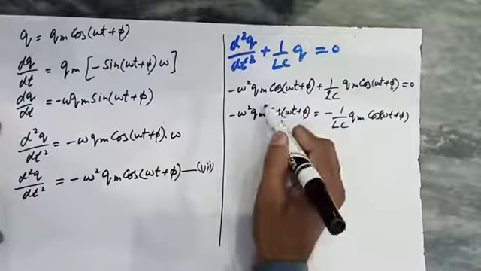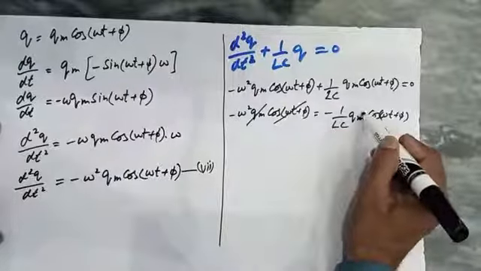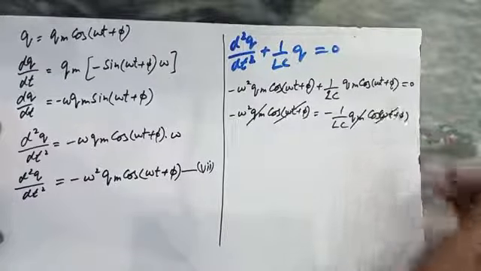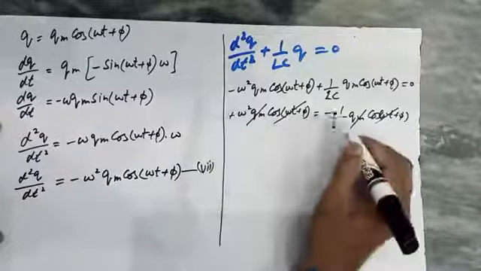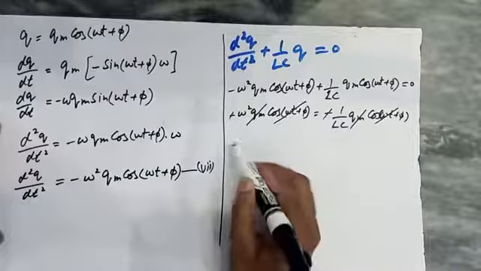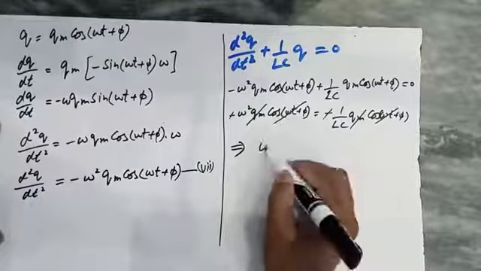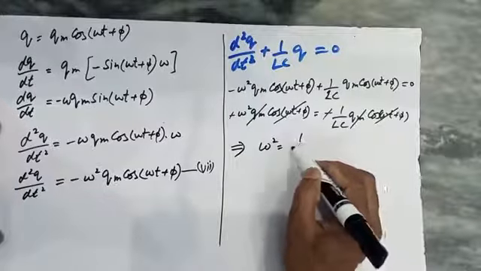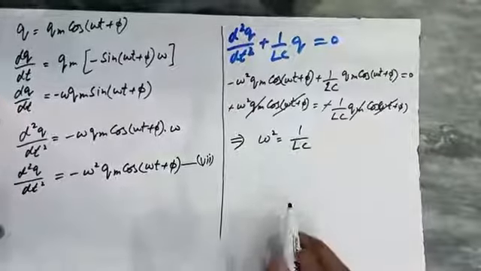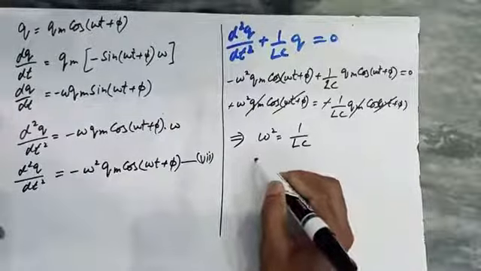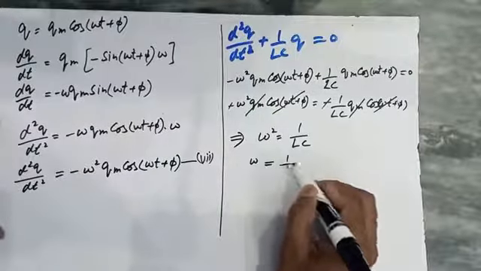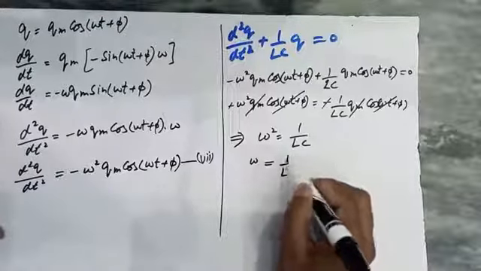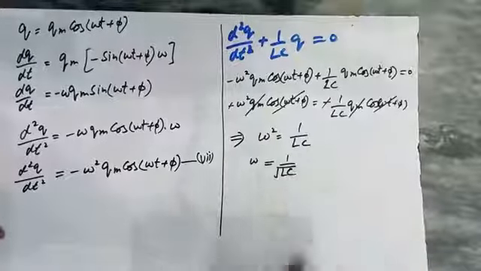The term Qm cos(omega t plus phi) is cancelled from both sides, and this minus sign is cancelled with this minus sign. So we get omega square is equal to 1 over LC. Taking square root on both sides, we get omega is equal to 1 over square root of LC.